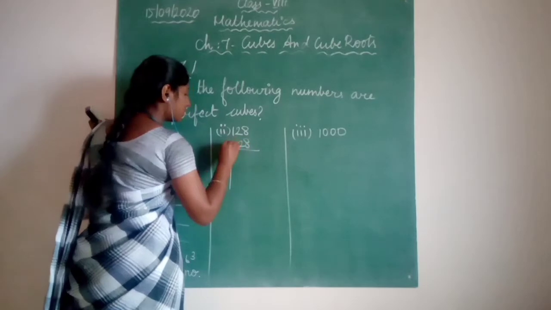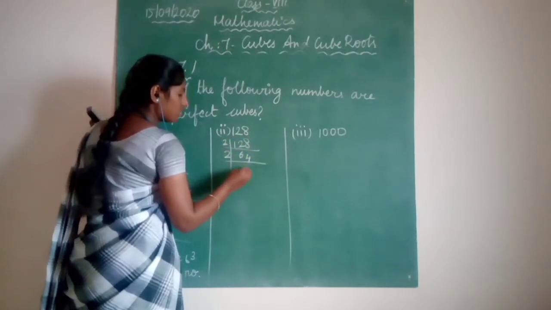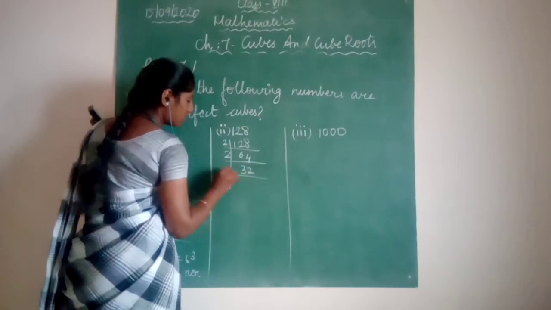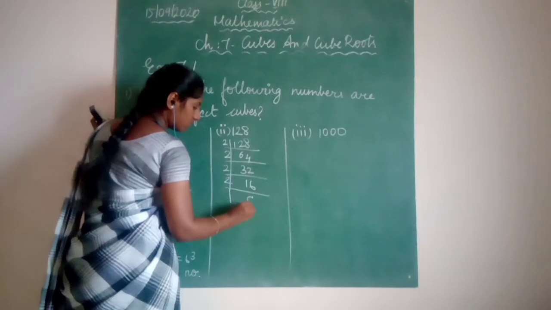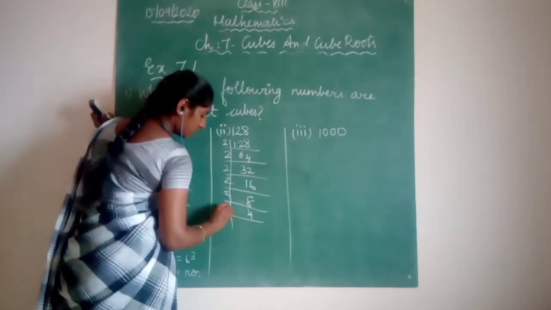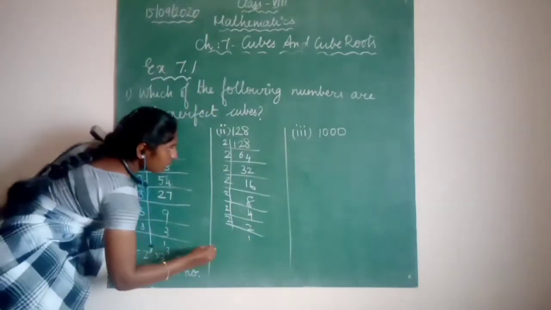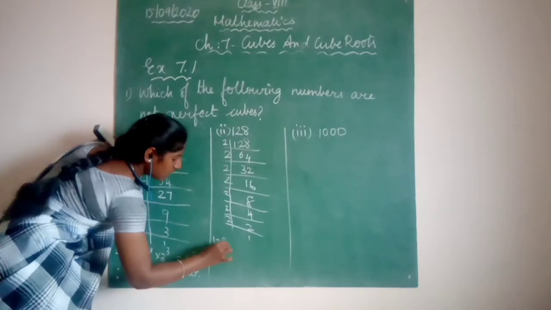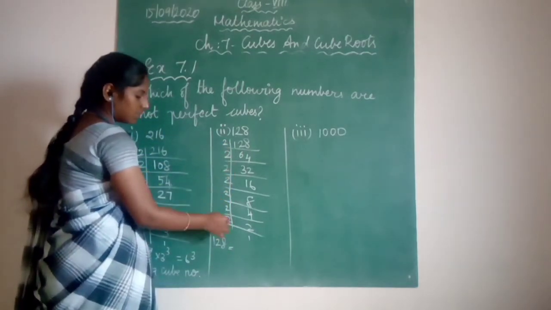Coming to the next one, 128. Same way, do prime factorization. Now you can write 128 as, how many 2's are here? 1, 2, 3, 4, 5, 6, 7.